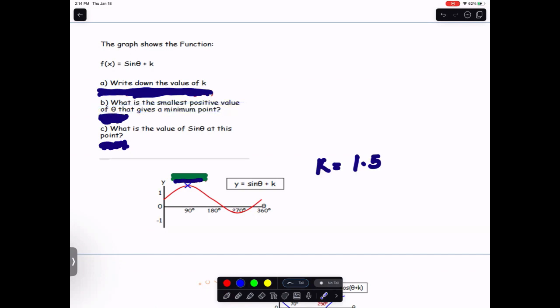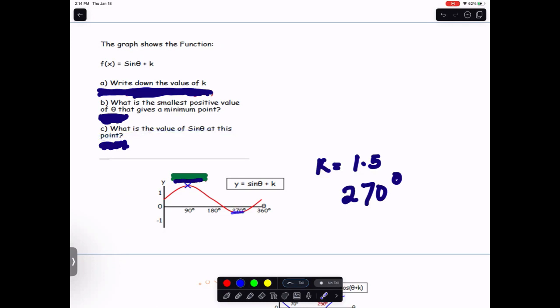Then what is the smallest positive value of theta that gives a minimum point? Your minimum point is this point here, and this point here is the maximum point. So the value of theta giving us a minimum point here is 270 degrees. Then what is the value of sine theta at this minimum point?